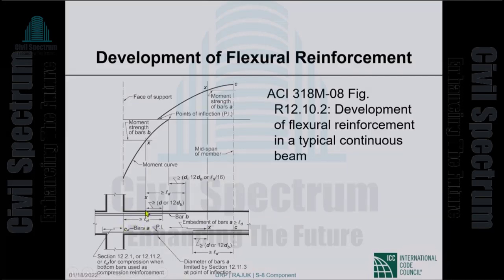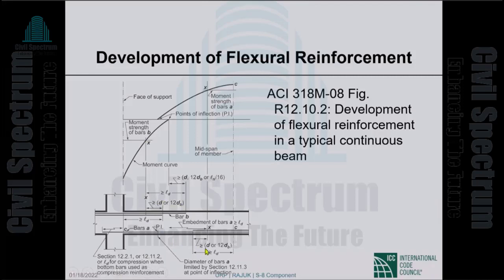Theoretical point of cutoff is here. We could cut the bars off here because here bars B can carry all the bending moments that need to be carried. But those bars, the bars that can be cut off, have to continue beyond the theoretical point of cutoff by D or 12 times D sub B, whichever is the larger of the two.